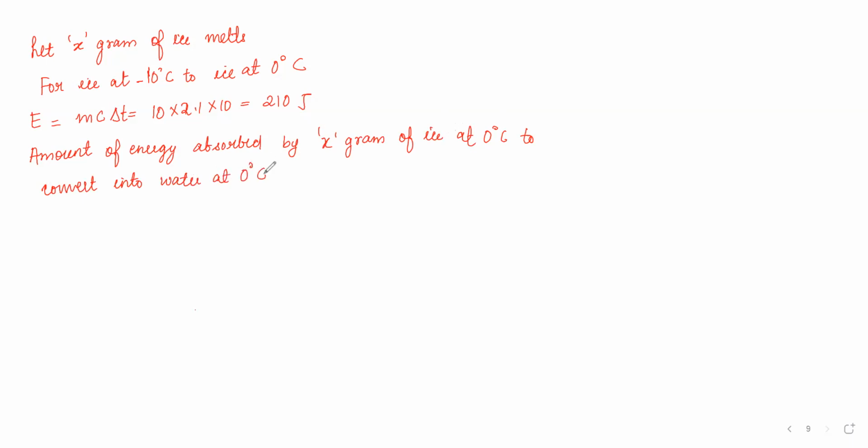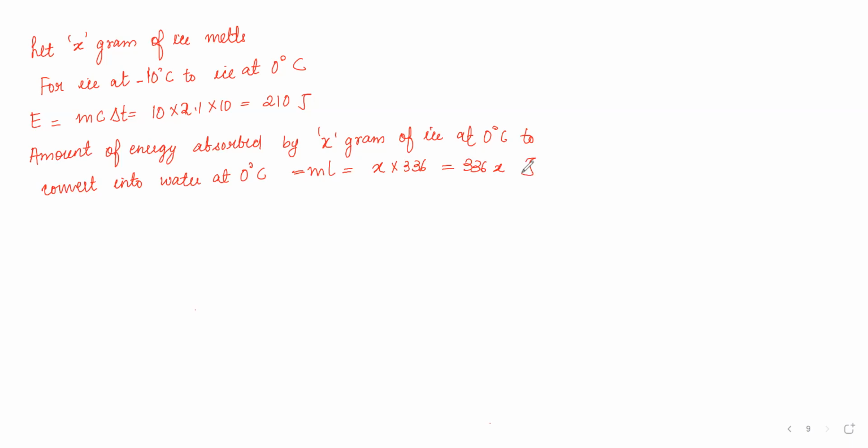Okay, why? Because we are assuming that only some of the ice has been melted. So this will be equal to m into L. So m you have taken as x into 336. So this is 336x joule.